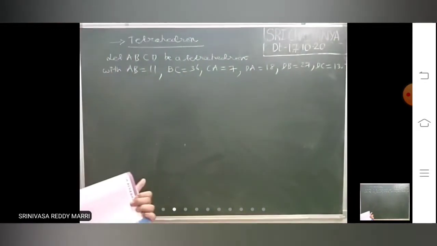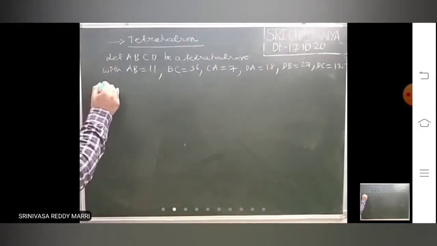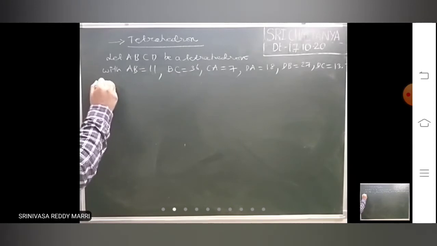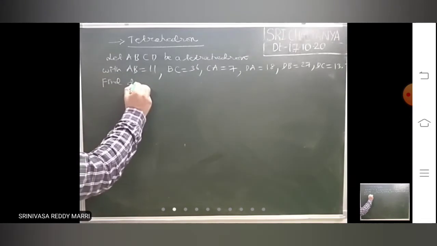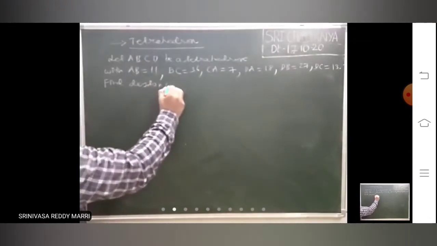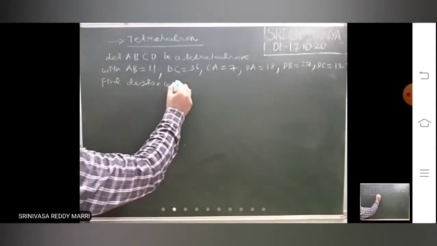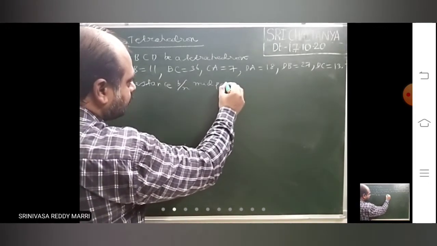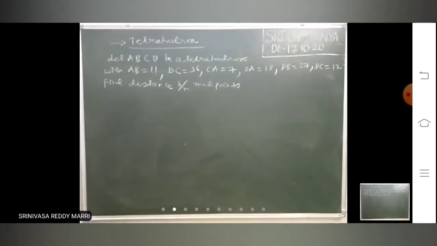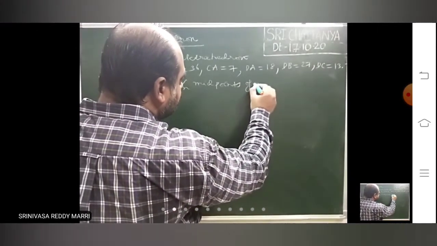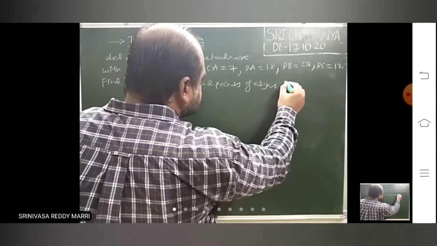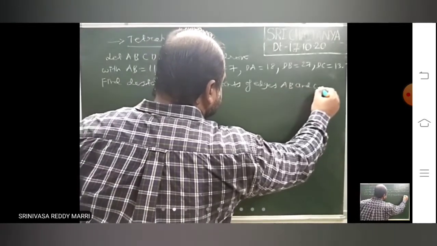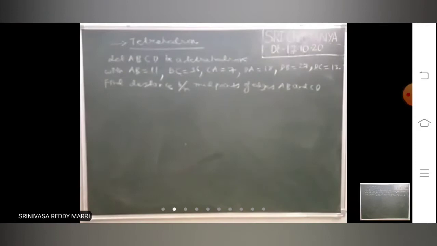Like this it is given. Find the distance between the midpoints of edges AB and CD.